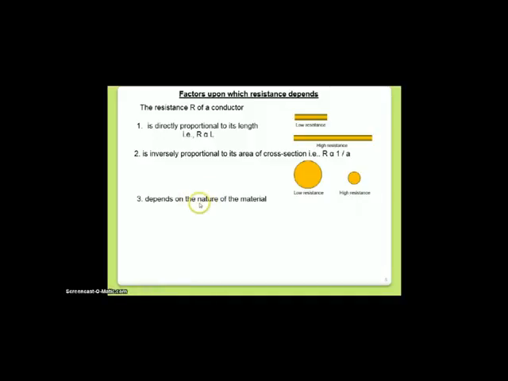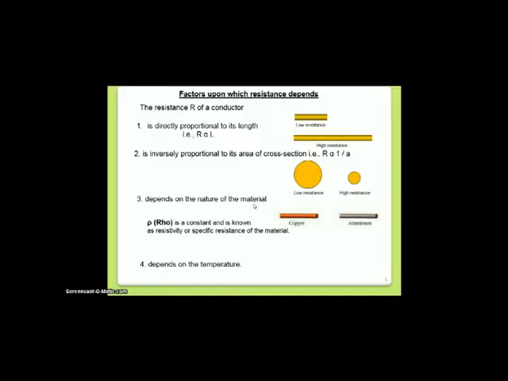Of course, the resistance depends on the nature of the material, which we have already seen. Conductors have low resistance, insulators have high resistance. Here we have a factor called resistivity or specific resistance as a representation of the nature of the material.